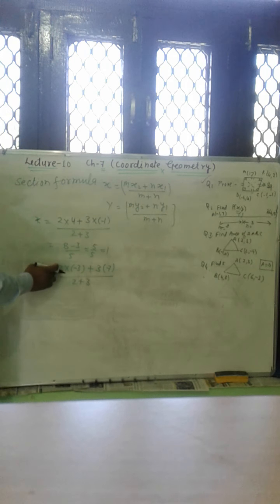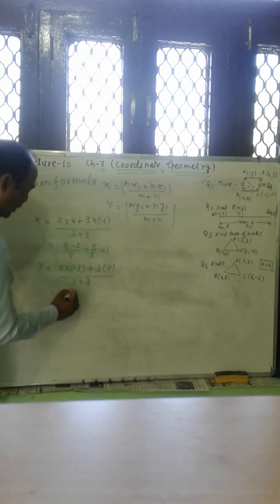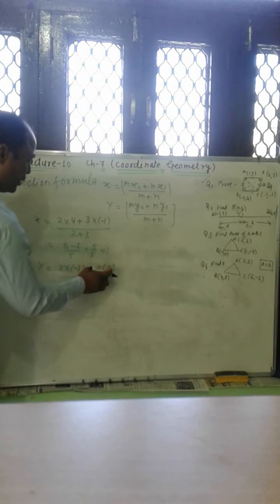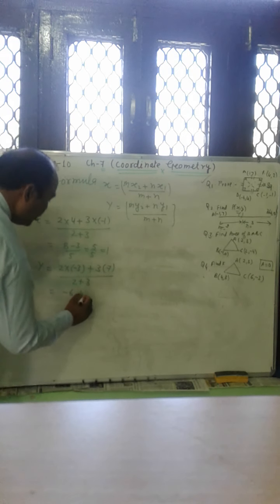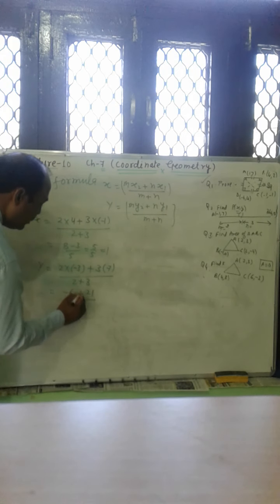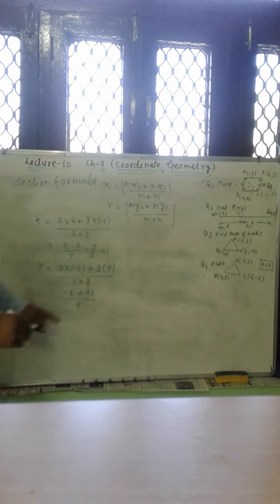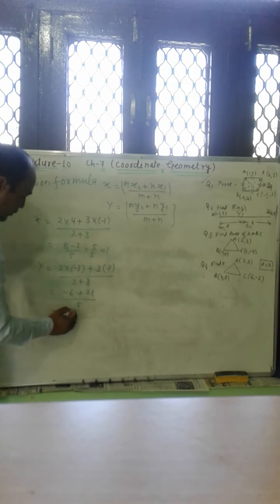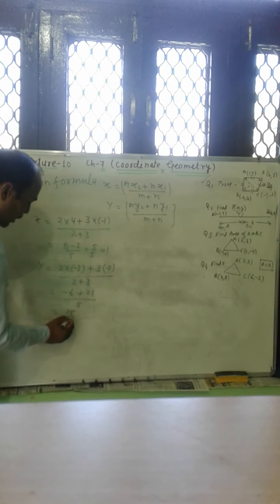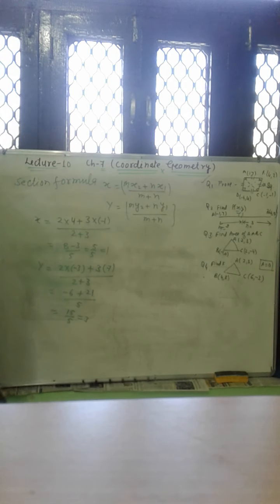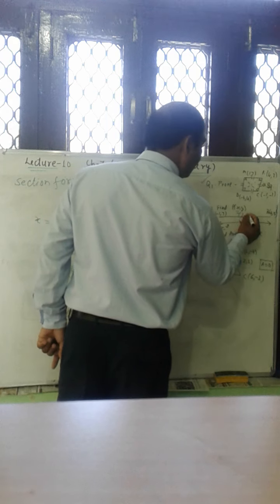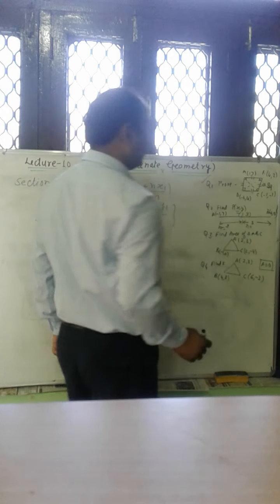Okay, 2 threes are 6, minus 6, plus 3 sevens are 21, upon 5. 21 minus 6 is 15, upon 5 is 3. Then the coordinate of y is 3.